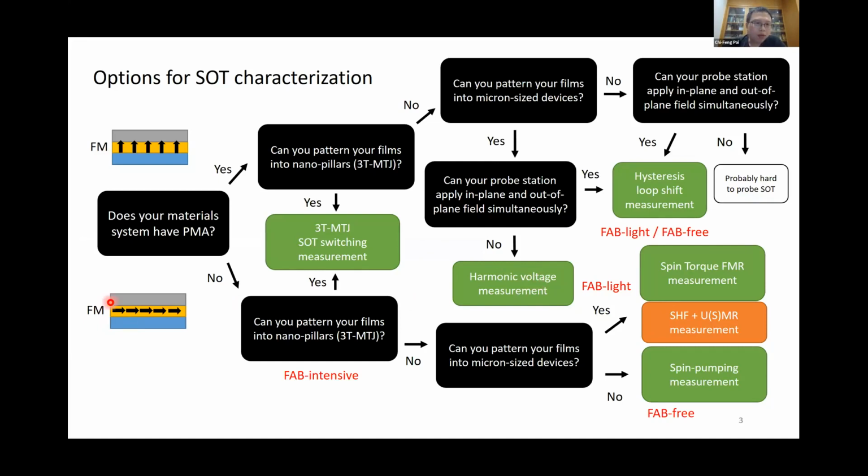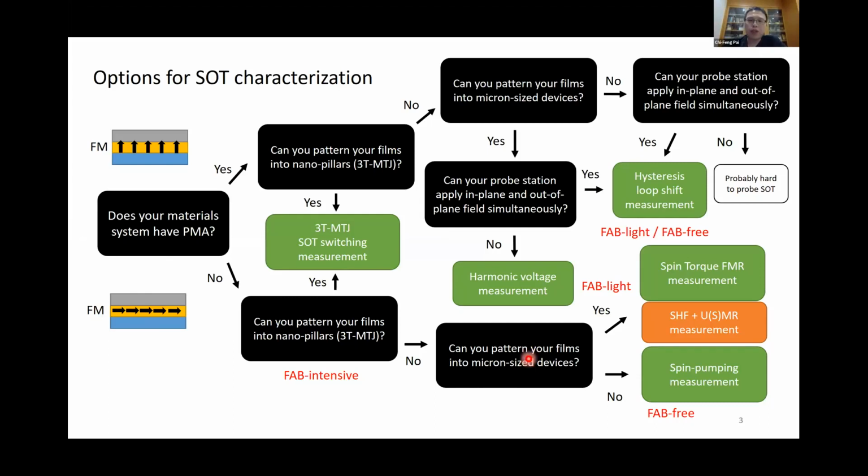However, if you're dealing with an in-plane magnetized ferromagnetic layer, the situation gets more complicated. Even if you can pattern your films into micron-sized devices, you probably cannot directly probe current-induced SOT switching.